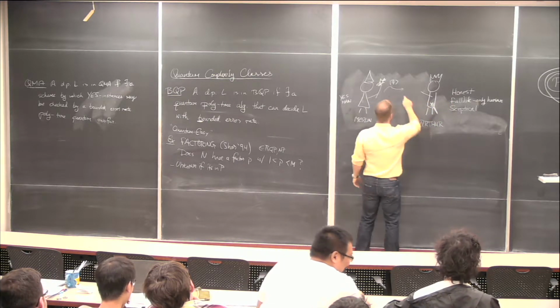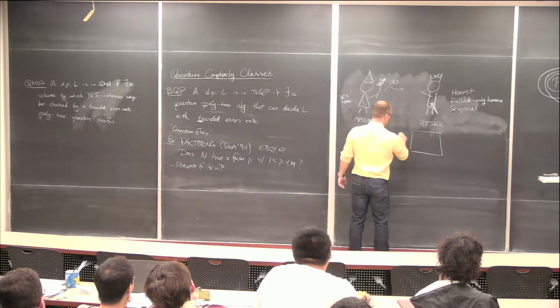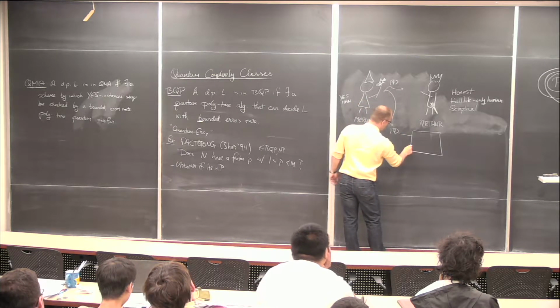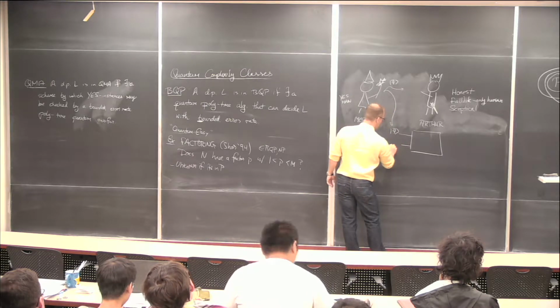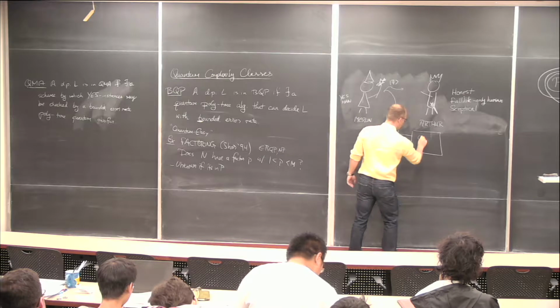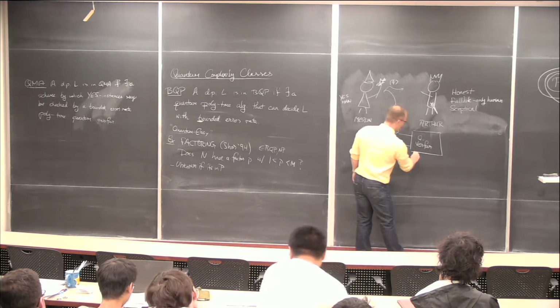And he takes the proof state, so the witness state from Merlin, and puts it into his quantum verifier. He also has to give it some ancilla qubits to initialize it. This is his quantum verifier, which is poly size.